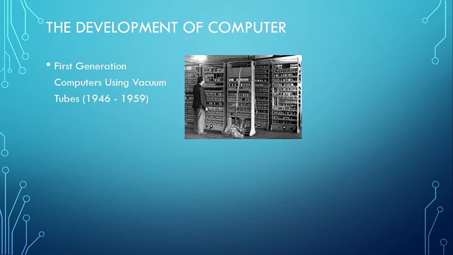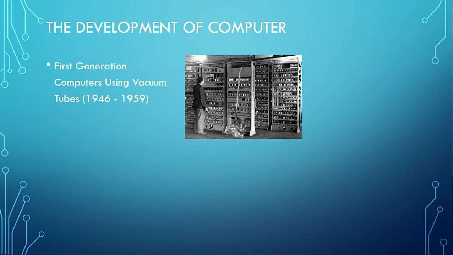The characteristic of the first generation computer: 1. Has much large hardware and takes up a lot of space. 2. The interior design of the operation system is made specifically and can only perform certain tasks. 3.